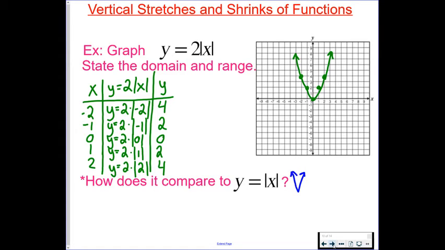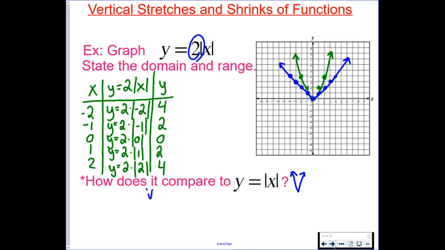But if we think about that function, this is what the absolute value graph looked like. Looked like that going that way, and it looked like this going the other way. So you can clearly see by my picture that the 2 in the front made my new graph very skinny, and it's making it taller. It made it narrow and tall. And that's what the 2 did.